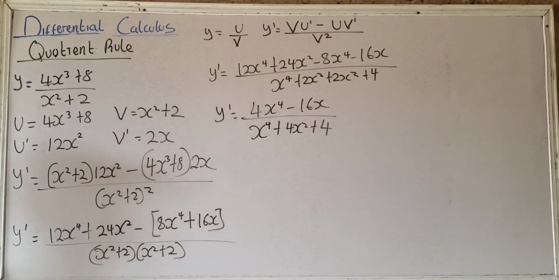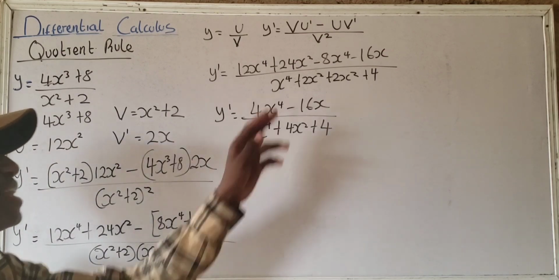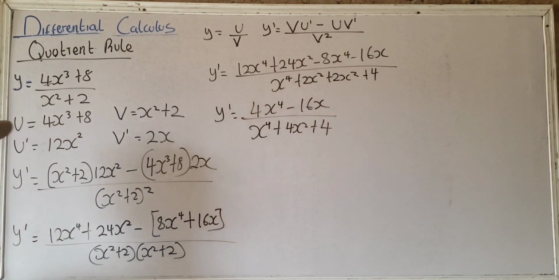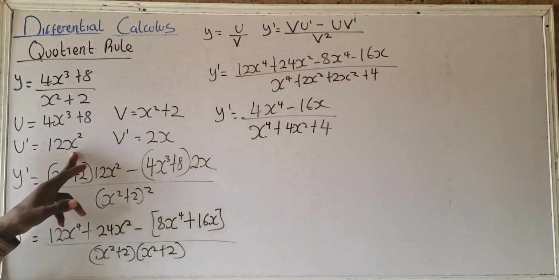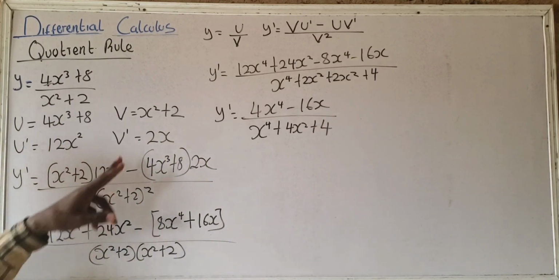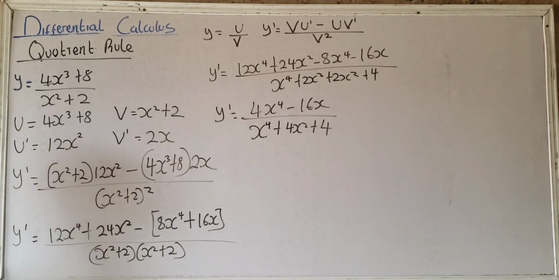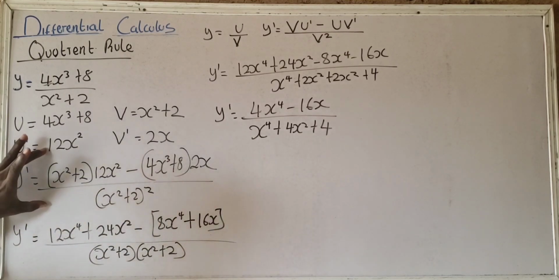Having done that, I differentiate both u and v because from the quotient rule formula, I need their derivatives. I got 12x squared as the derivative of u and 2x as the derivative of v. Now, that being done, I proceed to substitute all this into the formula.